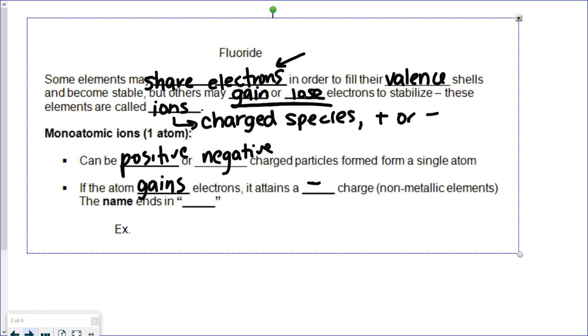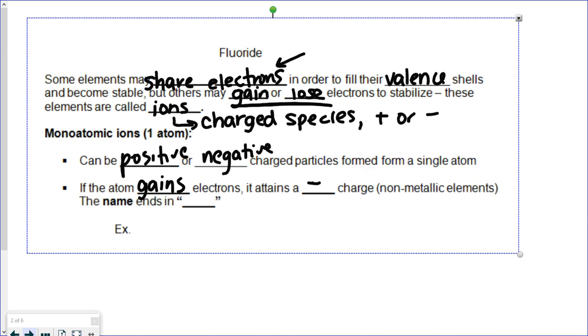So again, we always think gaining something is good, like gaining money, but when we're talking about gaining electrons, it's actually a negative charge. So if you look in your periodic table above your staircase, the things that end up with a negative charge are your non-metallic elements. Something like fluoride that we just saw ends up with a negative charge, or sulfur becomes sulfide with a 2- charge, or chlorine becomes chloride with a 1- charge.